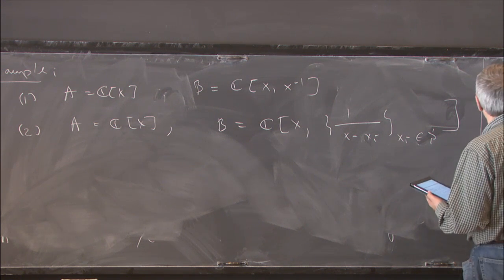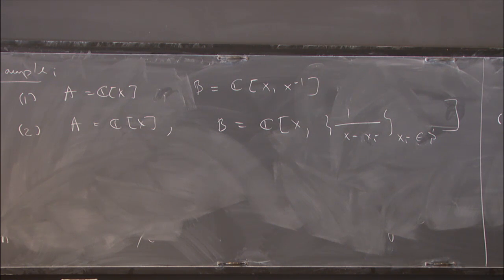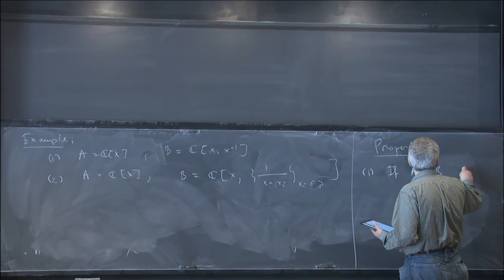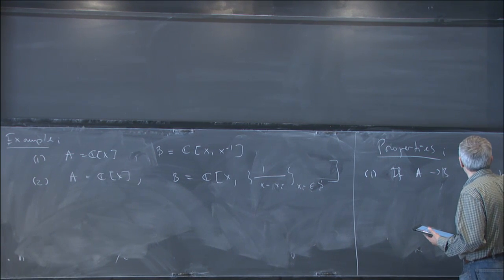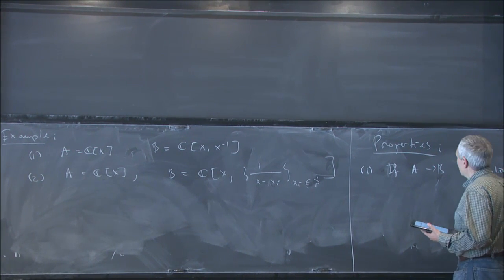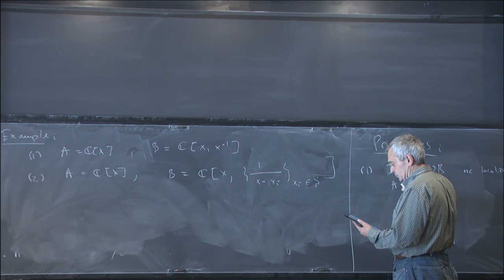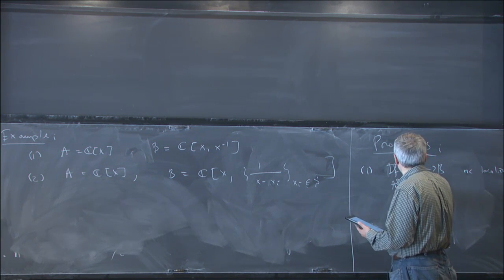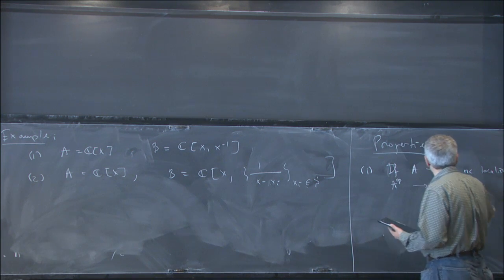So it has many very useful properties. So if A going to B is a non-commutative localization, then, of course, the corresponding map on the opposite algebras is also a non-commutative localization.